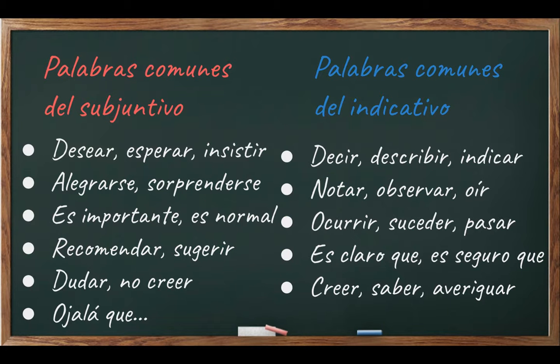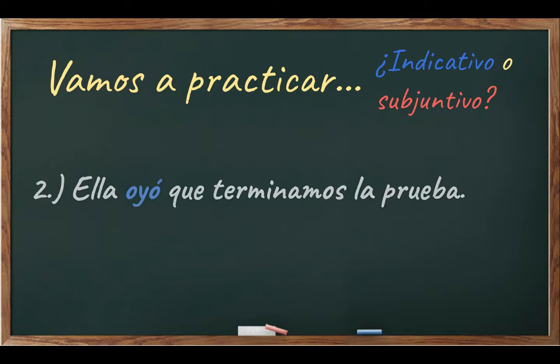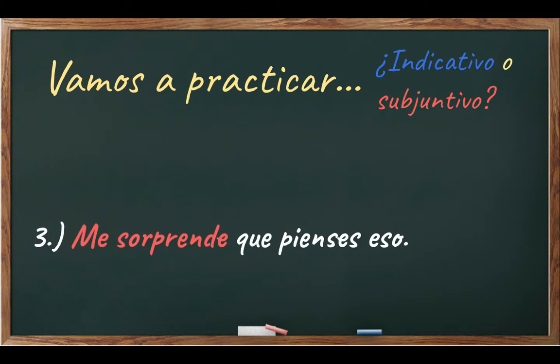If we go back here, that is a buzzword for the subjunctive. In weirdo, that's part of the E, the emotion section. It's talking about how you feel about something. Que pienses eso. So again, subjunctive, you're talking about what you want people to do or your thoughts and opinions on things that other people do, or in this case, things that other people think. It surprises me that you think that.